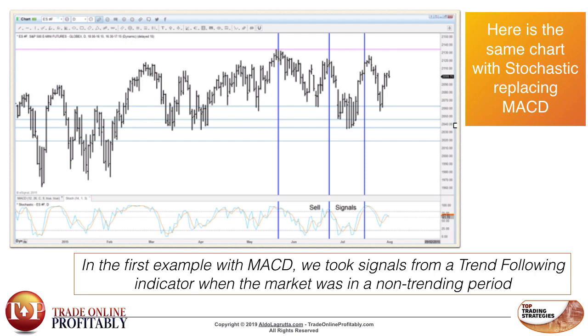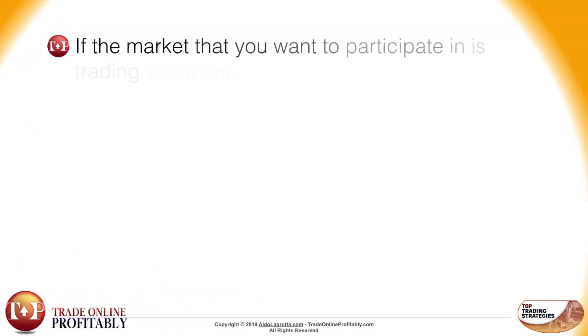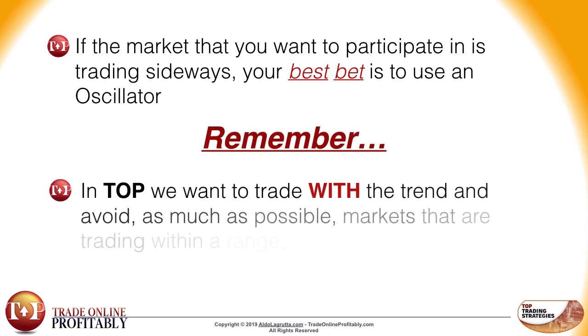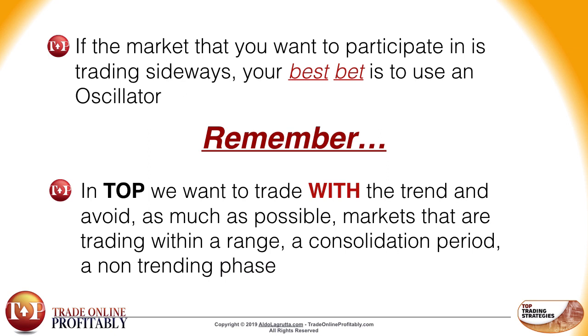The conclusion is not that stochastic is a better indicator, but you can rightly conclude that if the market that you want to participate in is trading sideways, your best bet is to use an oscillator. Just keep in mind that in trading, we want to trade with the trend and avoid as much as possible markets that are trading within a range, a consolidation period, a non-trending phase.